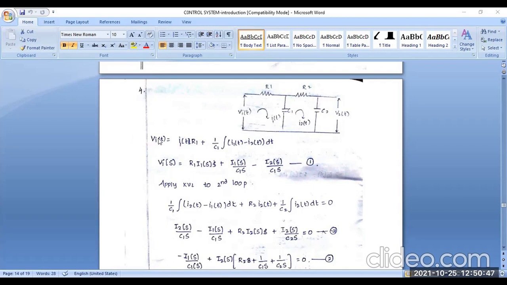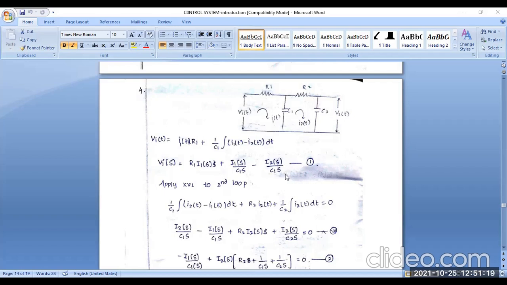So you apply the Laplace transform in this given network circuit. So first, Vi(t) is equal to i1(t) R1 plus, corresponding to the 1 by C, integration of i1(t) minus i2(t) dt. Okay, because these are another network also. So we have to apply the Laplace transform in the given network circuit. So Vi(s) is R1 I1(s) plus I1(s) by C1 s minus I2(s) by C1 s.